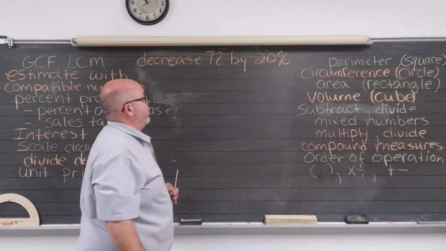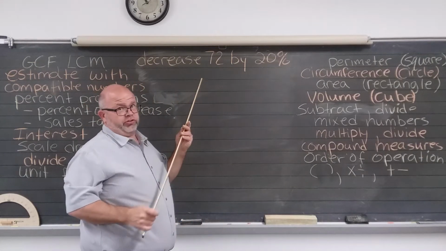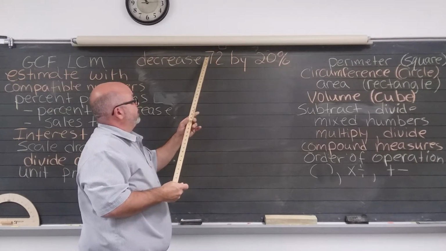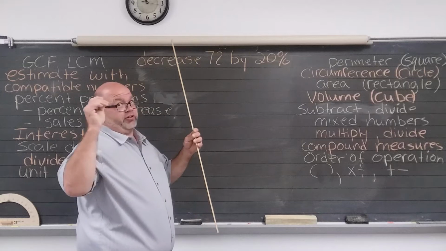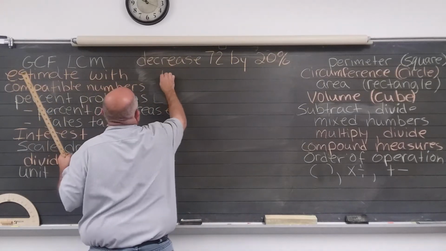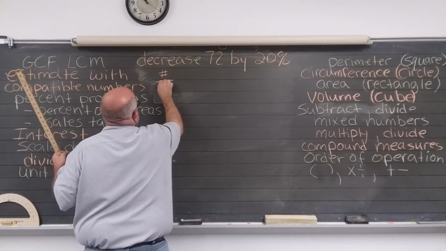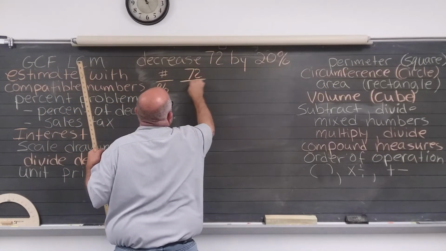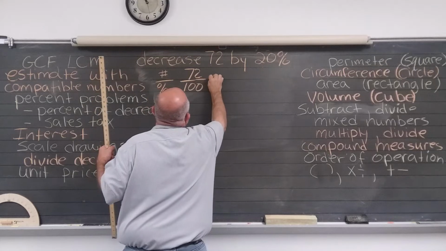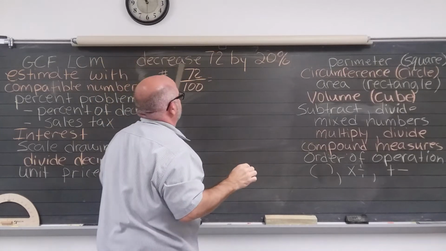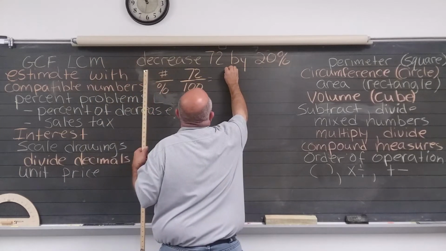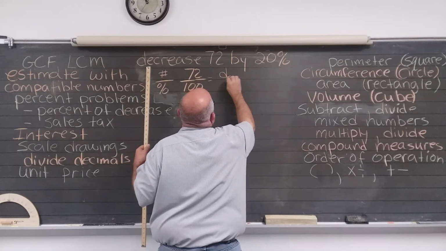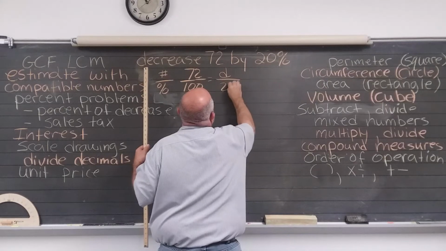Now these, 100% is 72. So here you go. The number that you're decreasing, 72, that's number over percent. So this is 72 over 100 equals the missing number. This is your decrease, how much you're going to decrease it by, over 20.